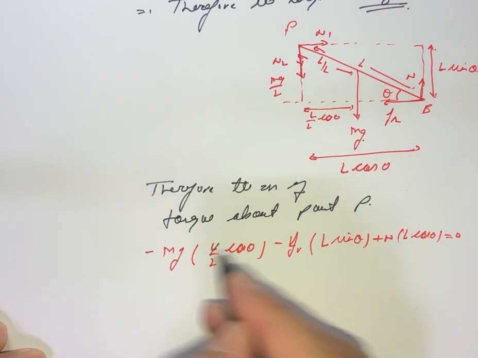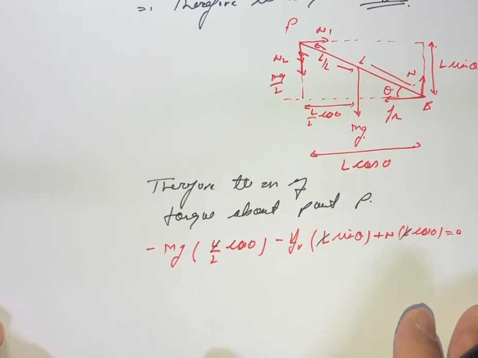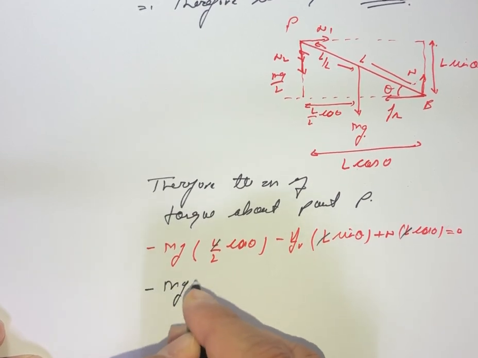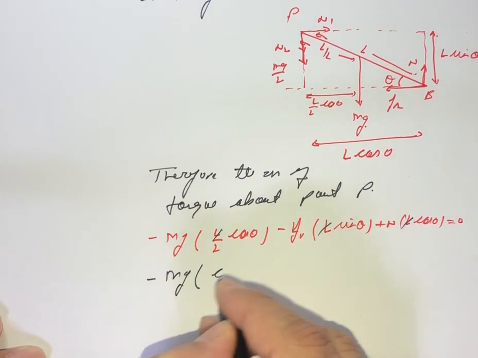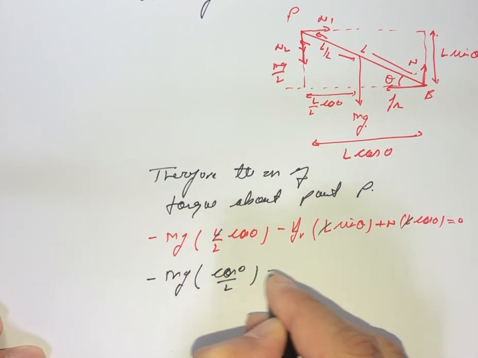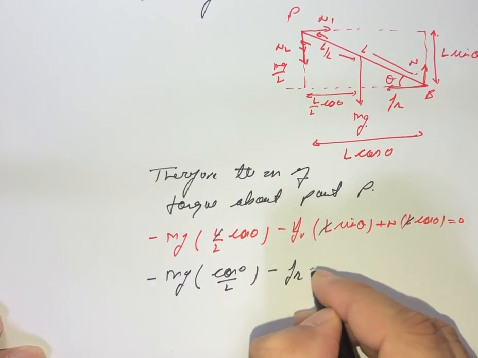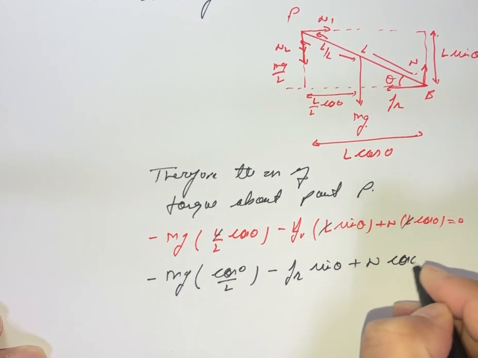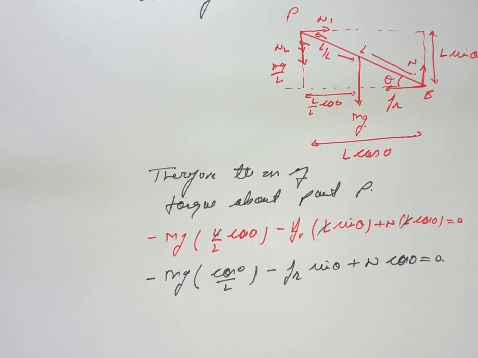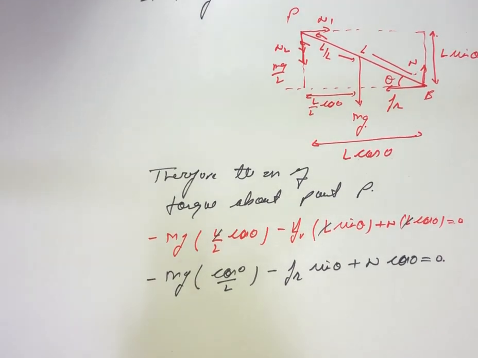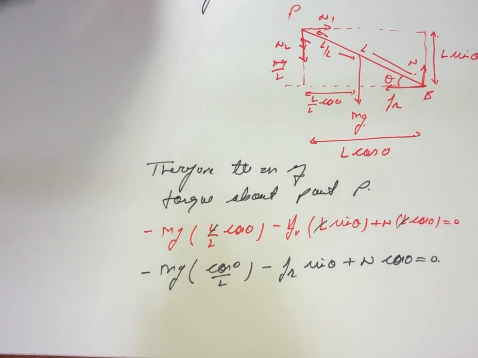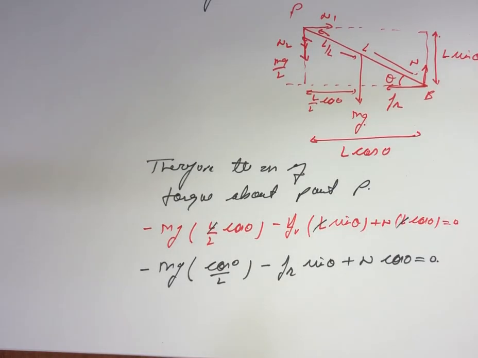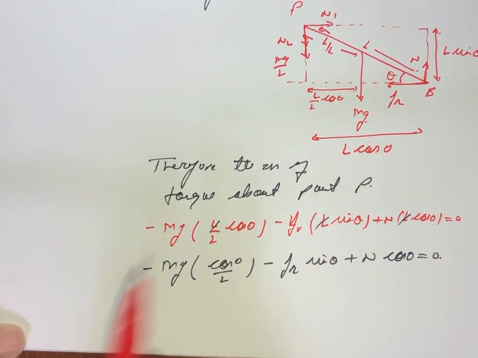So here L cancels out throughout, so we get minus mg cos of theta divided by 2 minus Fr sine of theta plus n cos of theta is equal to 0. But we calculated the value of n. So the value of n is mg plus mg by 2.